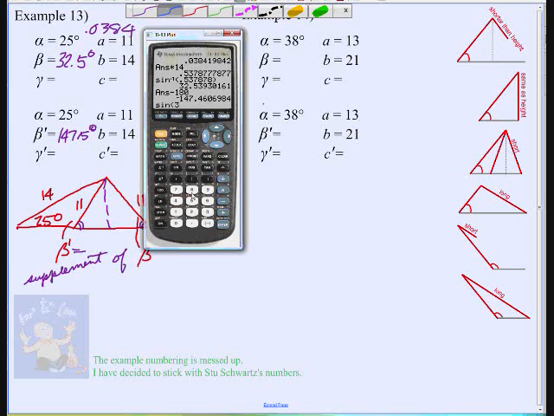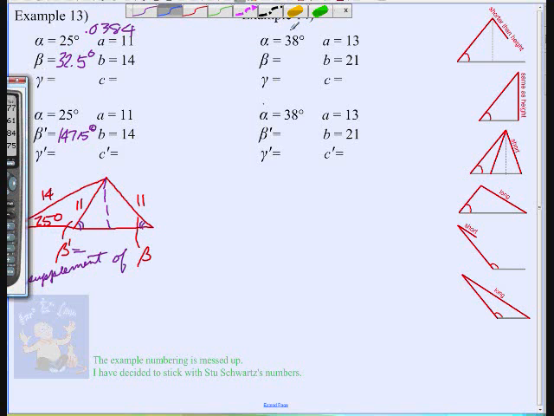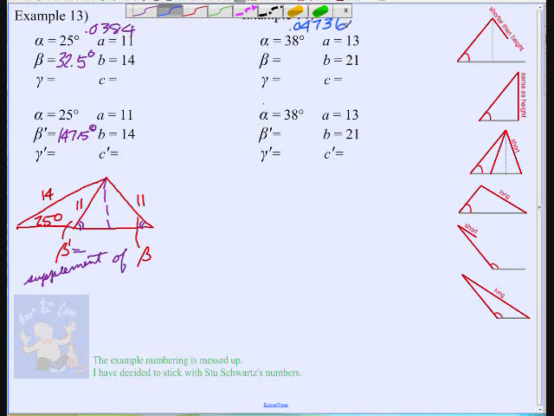Sine 38 degrees divided by 13 is 0.04736. That's my ratio.